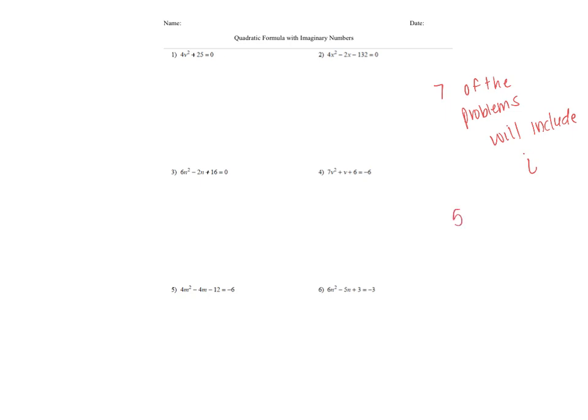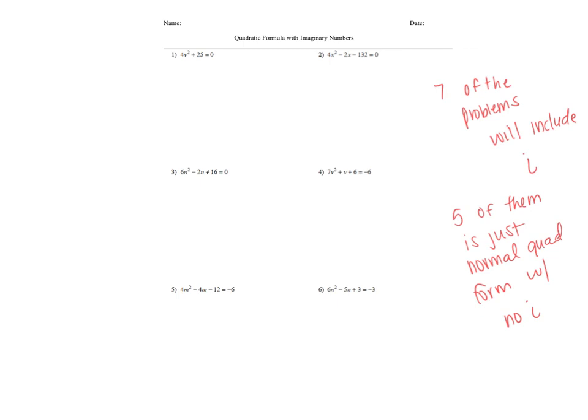And the other 5 of them are just a normal quadratic formula with no i. Okay, I'm not going to tell you which ones are which, but there are going to be 7 of them that include i and 5 that do not.